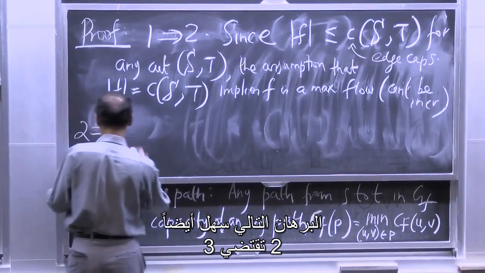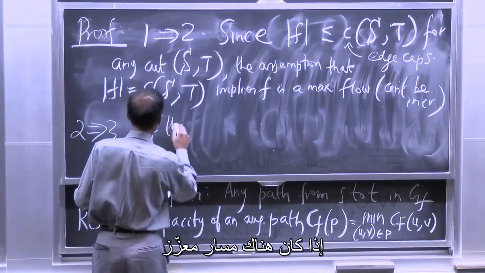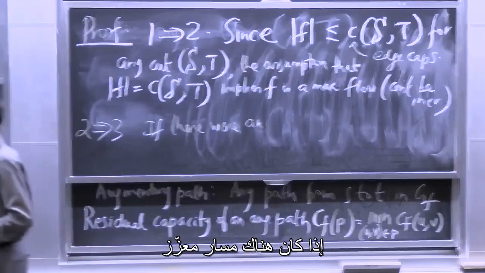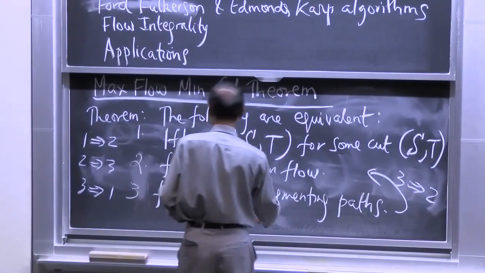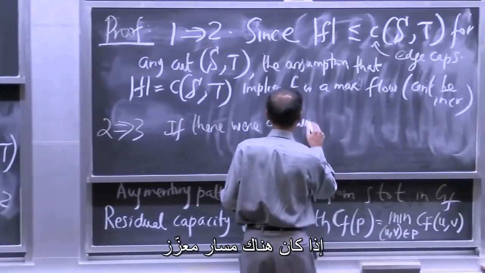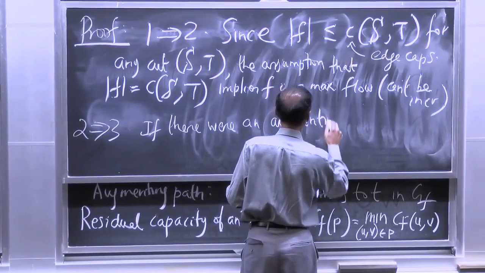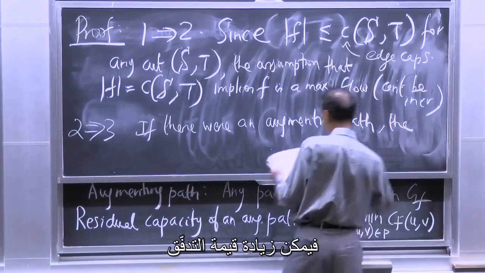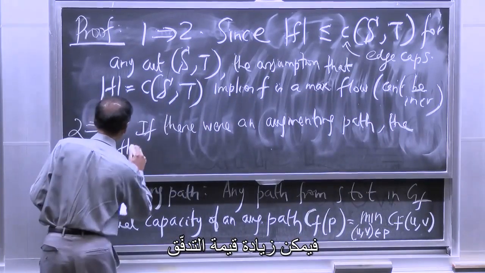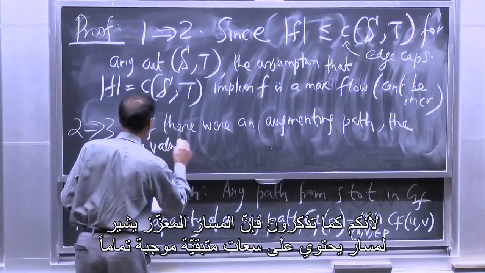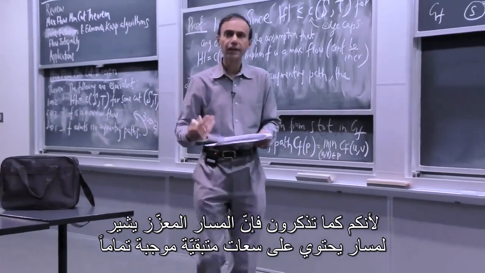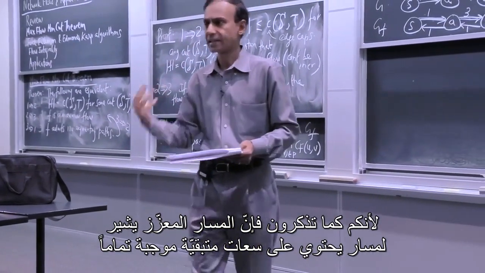2 implies 3. If there were an augmenting path, so I'm going to do this by contradiction. If there were an augmenting path, the flow value can be increased, because remember, the augmenting path corresponds to a path with strictly positive residual capacities.